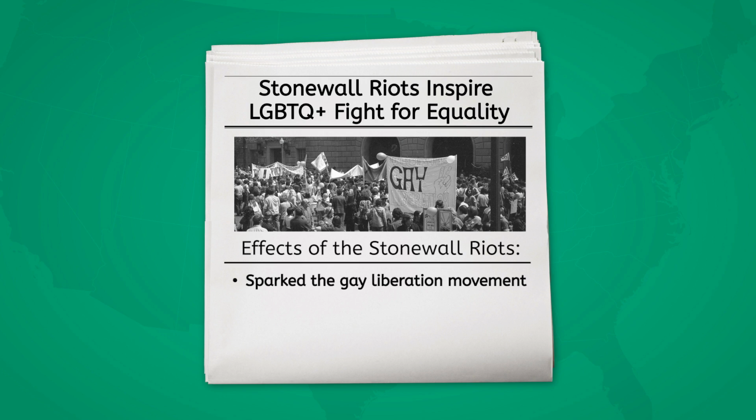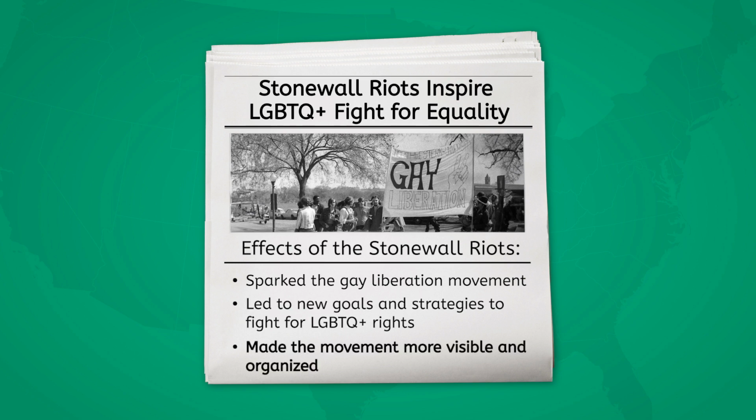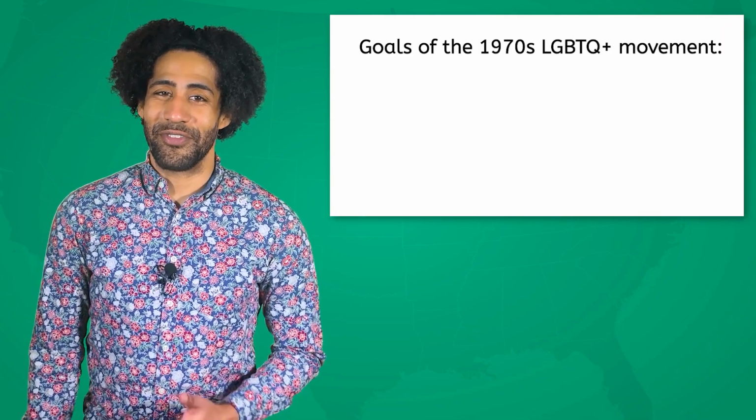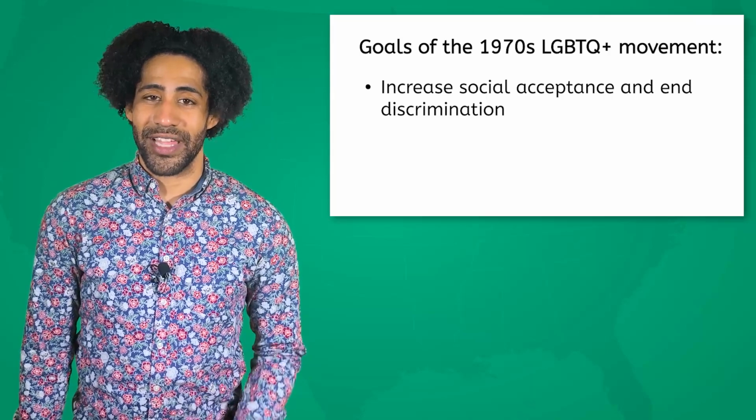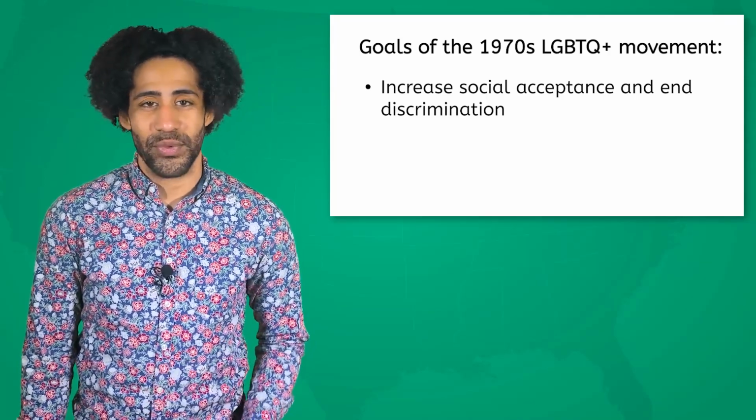For the first time, a large group of LGBTQ+ people stood up publicly to demand equal rights. After Stonewall, the goals and strategies of the LGBTQ+ rights movement started to change, and the movement became more visible and organized. A major goal of the movement was to increase social acceptance and end discrimination against LGBTQ+ individuals.